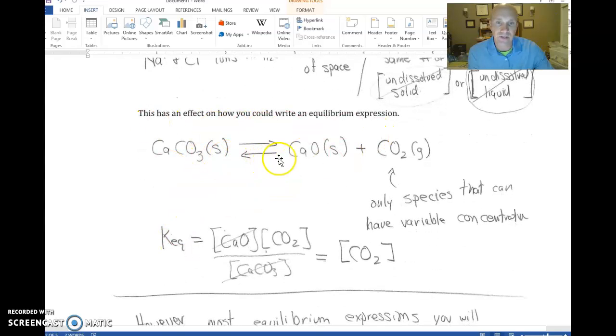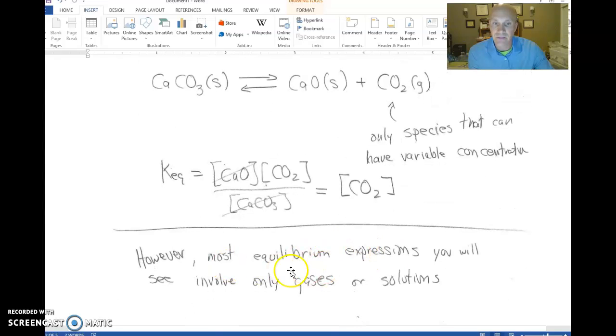If we had this expression right here, notice that these two things are solids. If we were to write this the normal way, we would take the stuff on the right, put it up top, and put this on the bottom. But since these two things are solids, we do not include them in an equilibrium expression. So the Keq would just be equal to this right here. Luckily, most of the things are just gases and solutions.